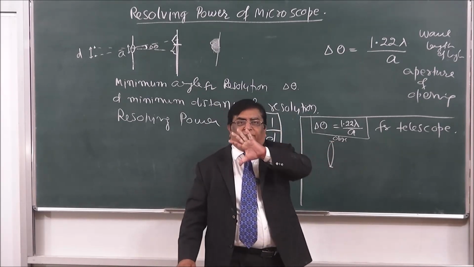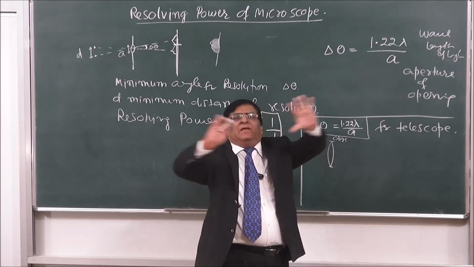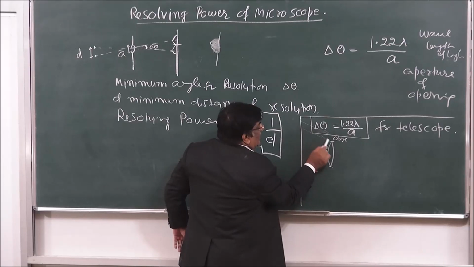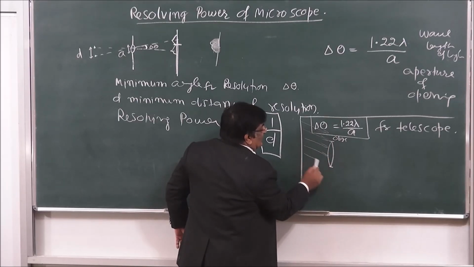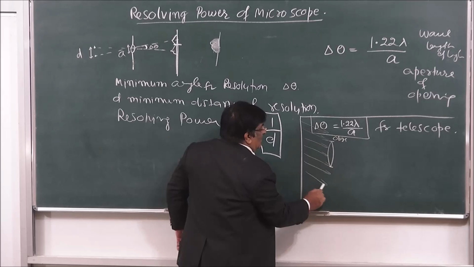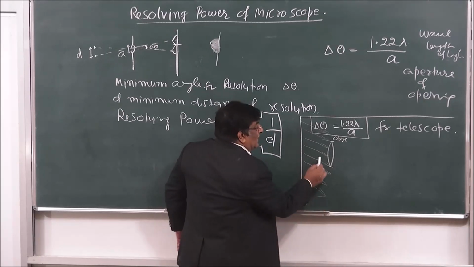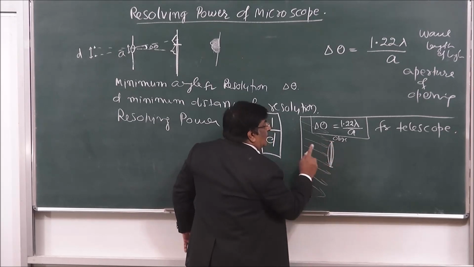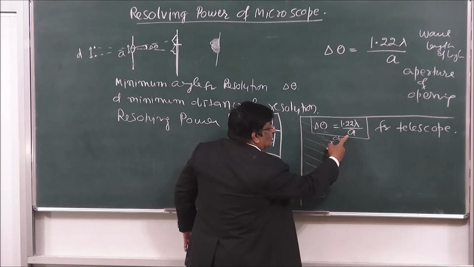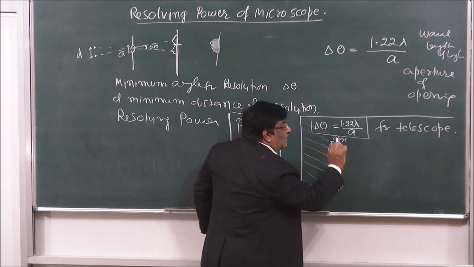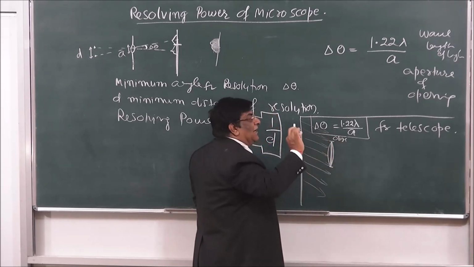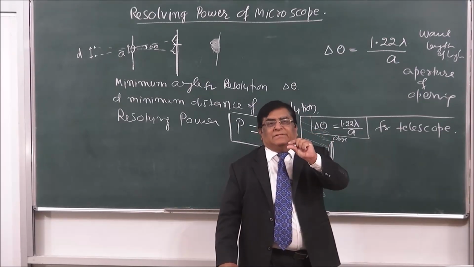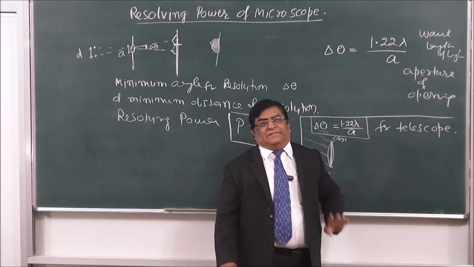The light is coming from the space, and that's a very large space. From that, all these lights are coming. How much light we are gathering? We are gathering only this much light. So, if this aperture is large, then the angle should be small, and if angle of resolution is small, that means we are resolving it better.